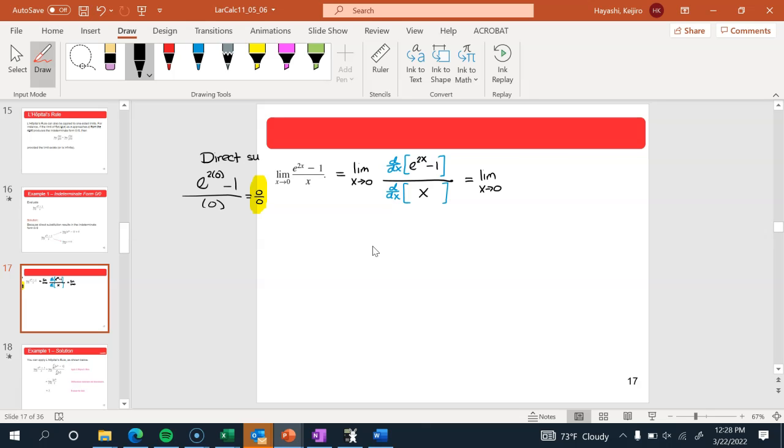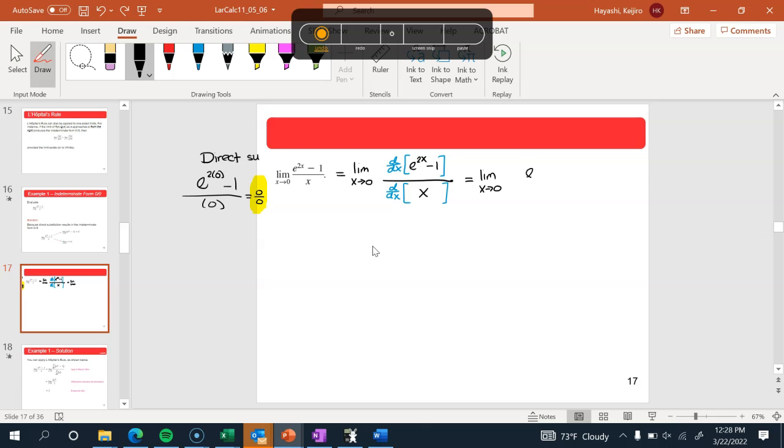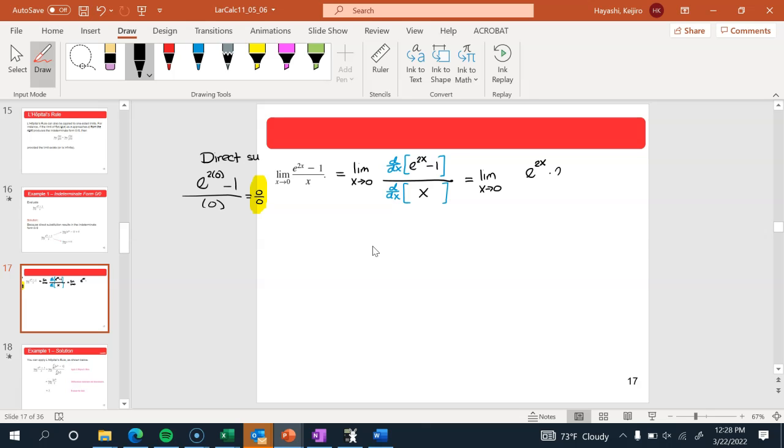Now the derivative of an exponential is just itself, possibly multiplied by some constants after. So the derivative of e to the 2x is going to be e to the 2x times 2 because of the chain rule. It's a composite function. The inside function is 2x, and so you have to multiply by the derivative of that 2x at the end there.